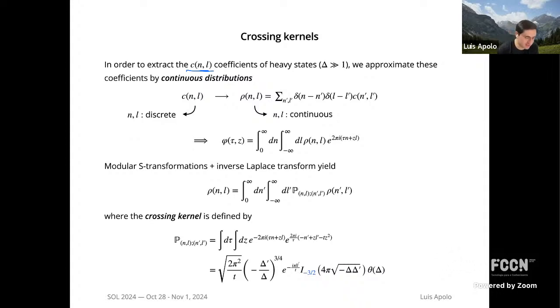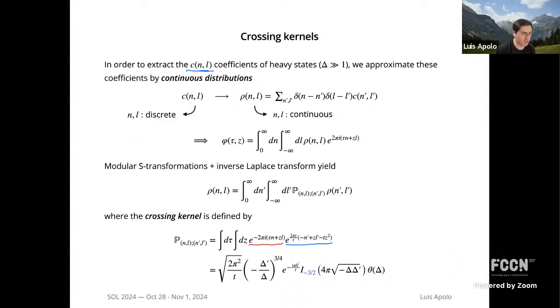This crossing kernel is defined in this way. Here you can already see this term comes from doing this inverse Laplace transform, and this term here comes basically from the modular S transformation. I have not specified the contour integral, I have not specified here exactly how you do the integration. You have to be careful about using the right contour.